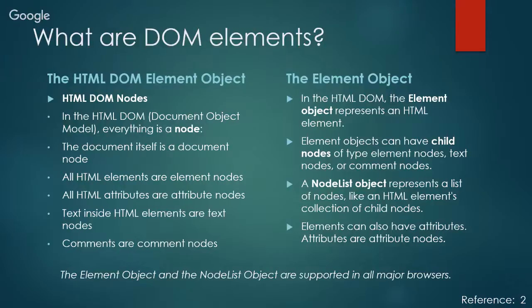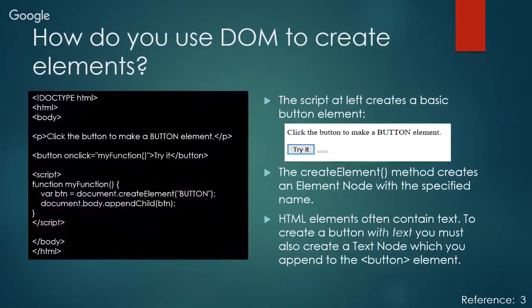All right, so how are we going to use DOM to create elements? We've talked about doing a scripture tracker application, and let's say we start coding this and we want to do something basic like make a button. That button is going to become an element. So we're going to create an element with the createElement method. Here's a very basic script on how to create just a basic button. The createElement method is going to create the element node with the name that we give it.